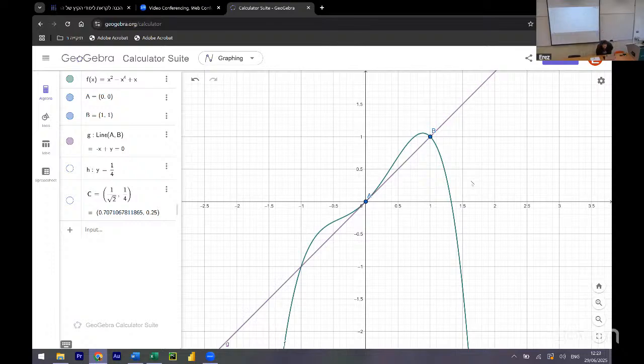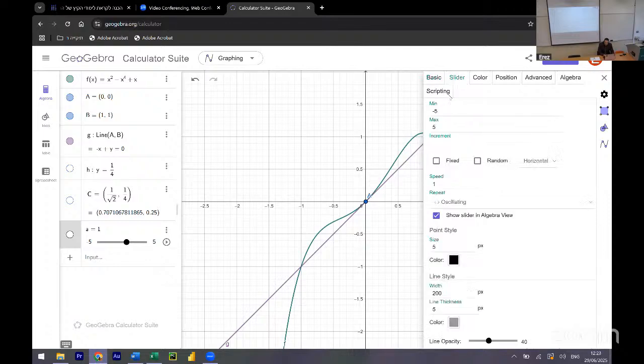Choose a random point for the start, A. A second slider between 0 and 1, in increments of 1/10.